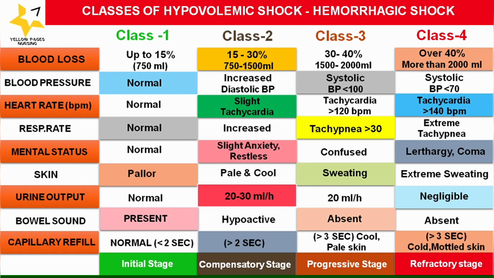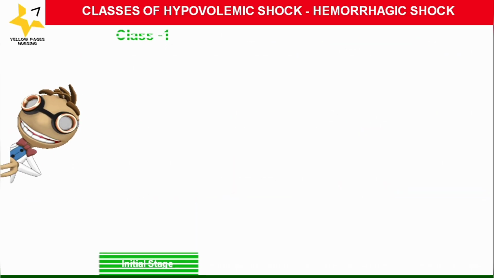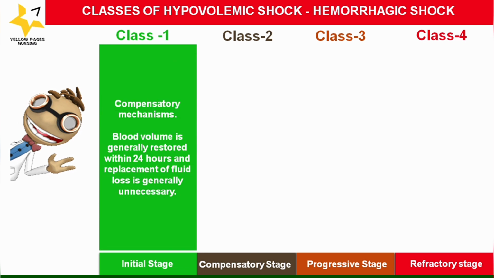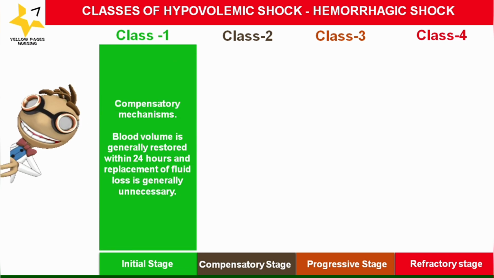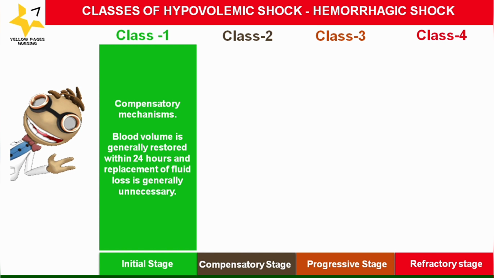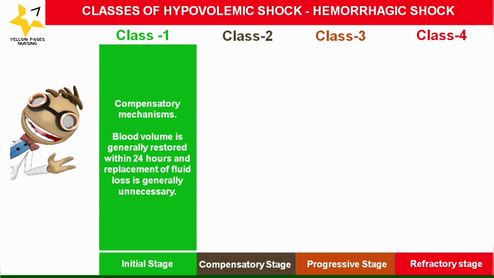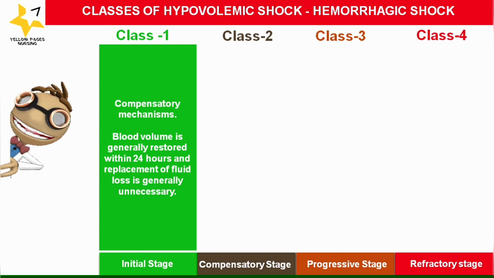And furthermore, in class 1 or the initial stage, compensatory mechanism helps to maintain cardiac output, and there are no changes occurring in blood pressure, pulse pressure, or respiratory rate. Blood volume is generally restored within 24 hours, and replacement of fluid loss is generally unnecessary in this stage.